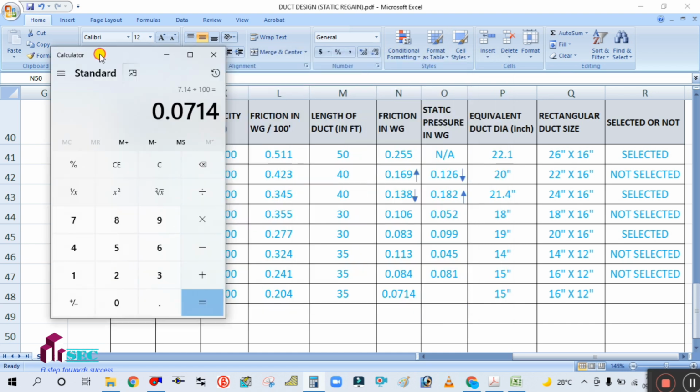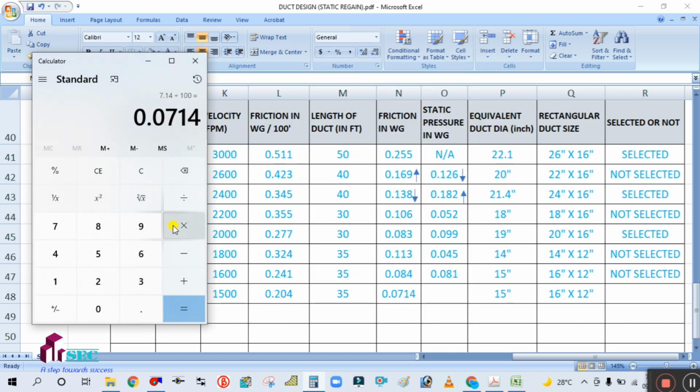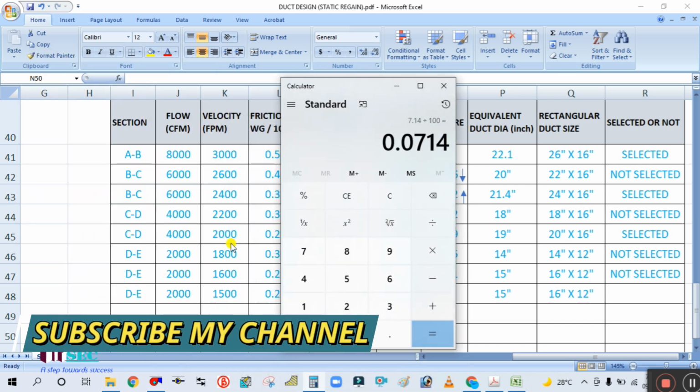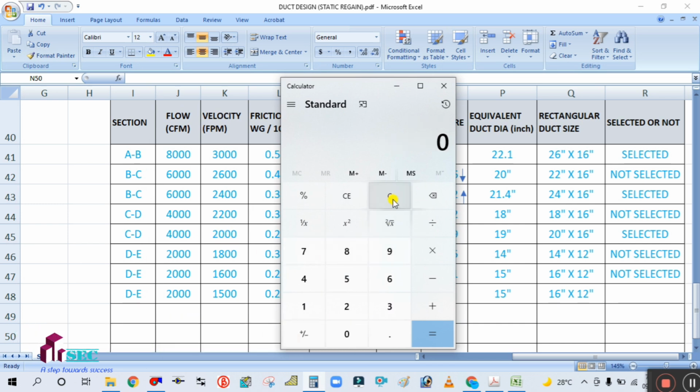For static pressure, first (V1 by 4000) whole square is nothing but 0.25, where V1 is 2000. Now check V2: 1500 divided by 4000, whole square, is 0.140.